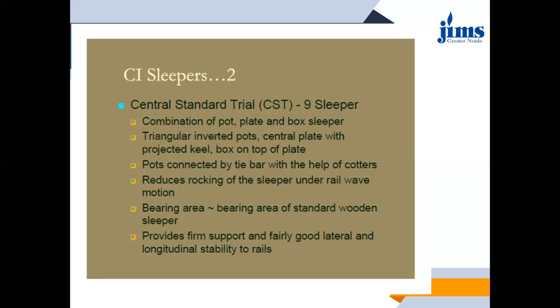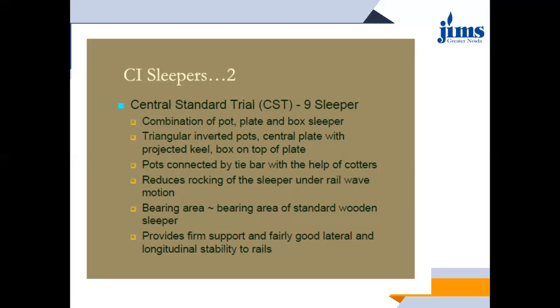Okay. So along with the pot and tie bar or plate, the sleeper has a combination of pot, plate, and box sleeper, in which there are triangular inverted pots, a central plate with projected knee, and a box on the top of the plate. The pots over here are also connected with the help of a tie bar, which is further connected with the help of cotters. The advantage of using this sleeper is that it reduces the rocking of the sleeper under rail wave motion.